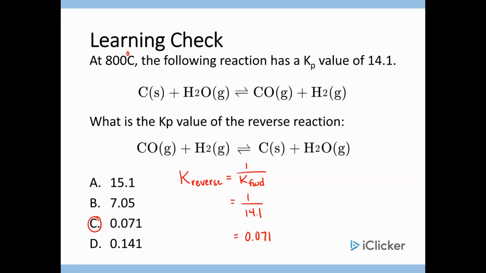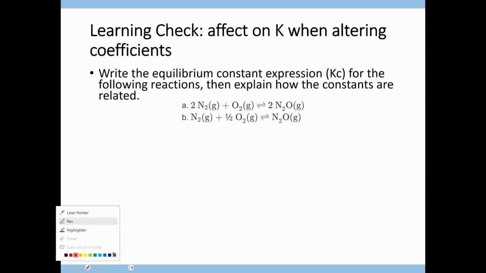All right, so just a review of what we did earlier this week. We will continue seeing how we can manipulate K values for different types of reactions. So the next manipulation we'll learn about is when we alter coefficients for a reaction. On this page, there are two equilibrium reactions.